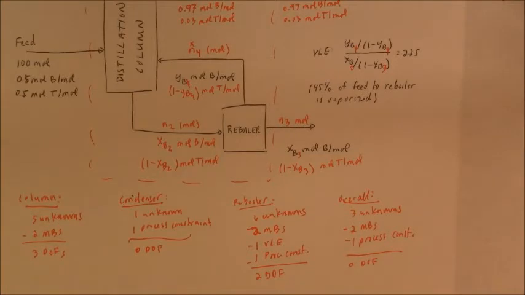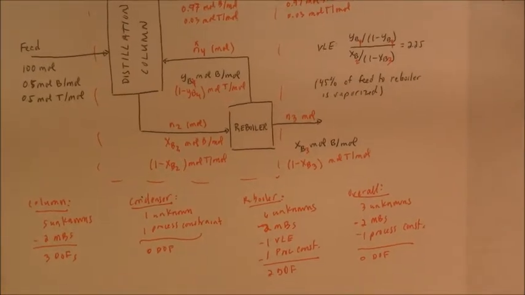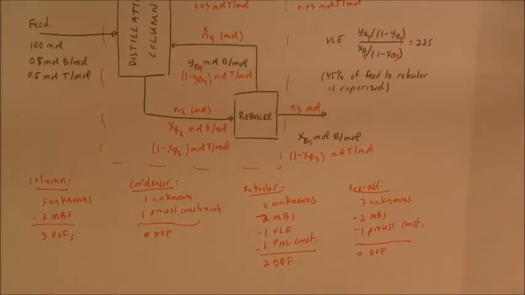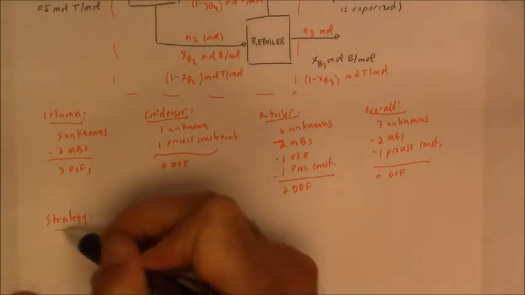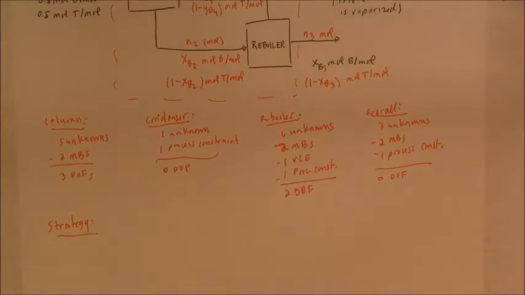Okay, so what I'm going to start with is what we'll call our strategy. One of the things I like to do initially is see if I can actually apply my process constraints.